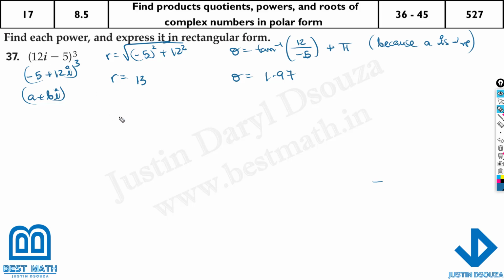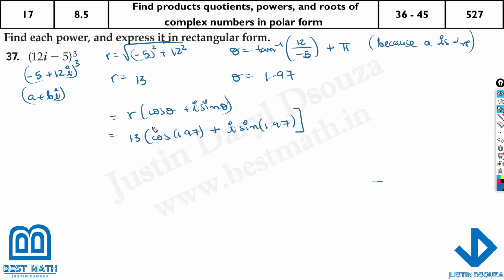This particular question will be equal to R times cosine theta plus I sine theta. Here we have R is 13 times cosine. Now it's 1.97. It's not written in terms of pi, but that's fine. This value, you need to put it properly. And sine 1.97.